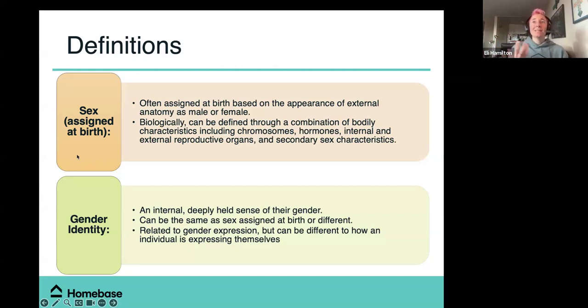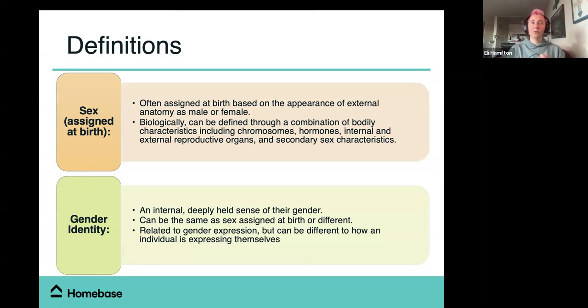So sex, or sex assigned at birth. Sex assigned at birth is a very specific thing. It often leads to the social reading of a person's gender as a child, right? The gender that people are assumed to have is often tied to their sex assigned at birth.